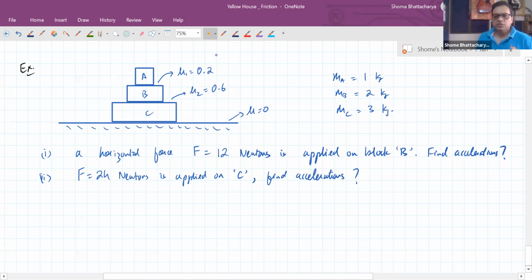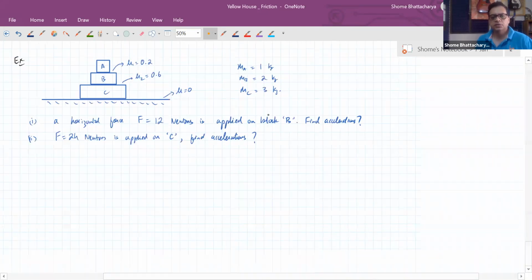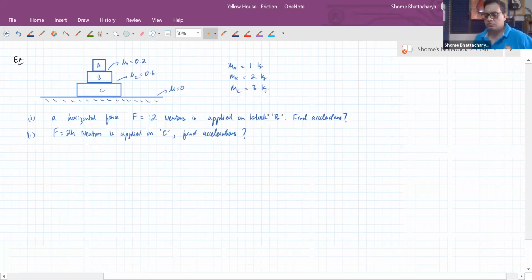So we'll use very much the same type of approach that we did for the two blocks, but only we'll have to check friction at two places here. Okay, so just take down the data of the question. I'll explain to you how to do the first part. Then you can try the second part yourself.